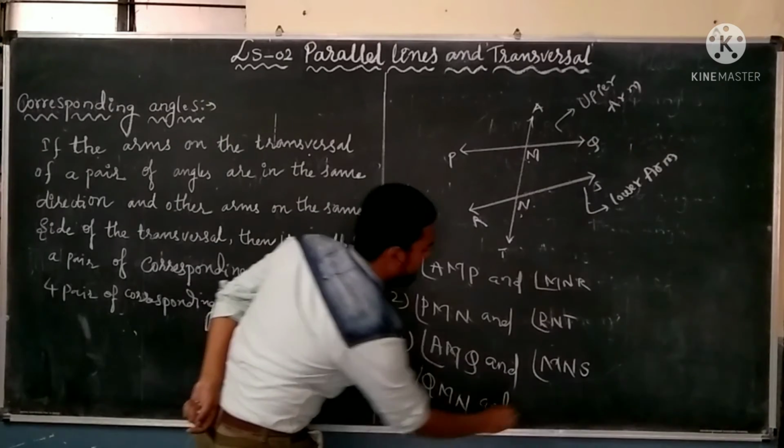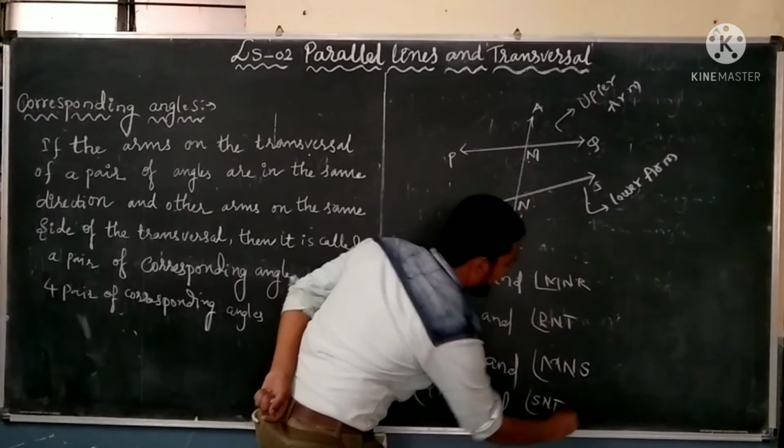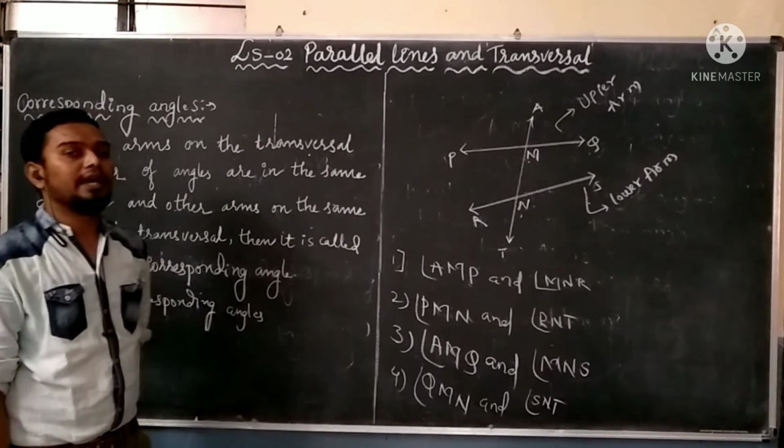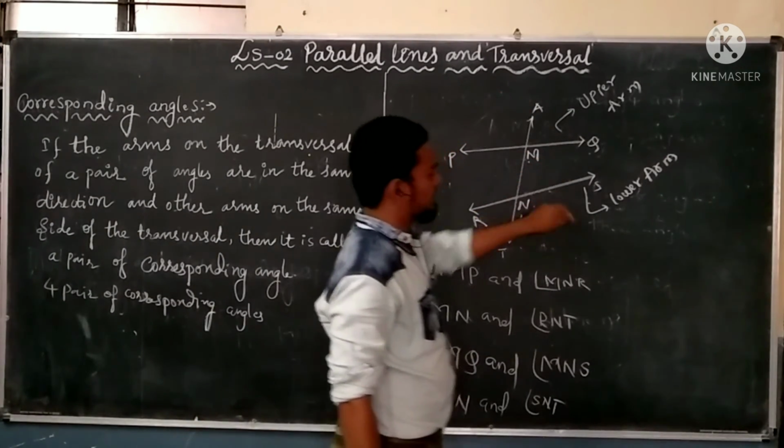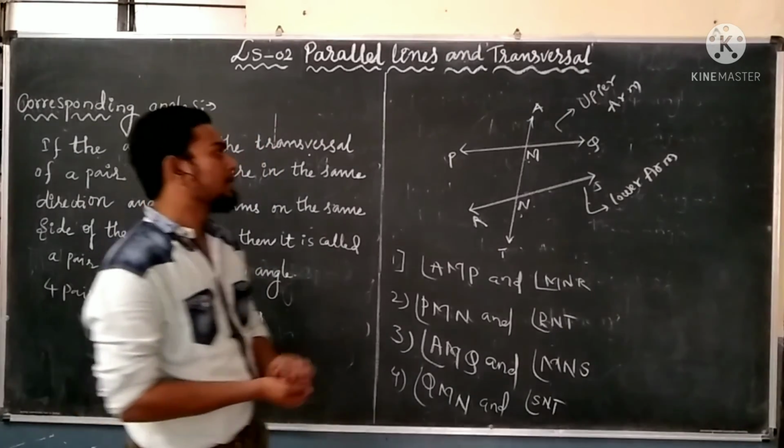This is the fourth one. This is the upper arm and this one is lower arm.